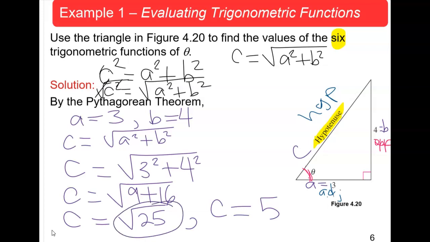Now, the answer could also be negative 5 because negative 5 times negative 5 is equal to positive 25. But in this case, we're talking about a triangle, so we're going to just stick to the positive solution. So the hypotenuse is going to be equal to 5. Adjacent side is 3 and opposite side is 4.